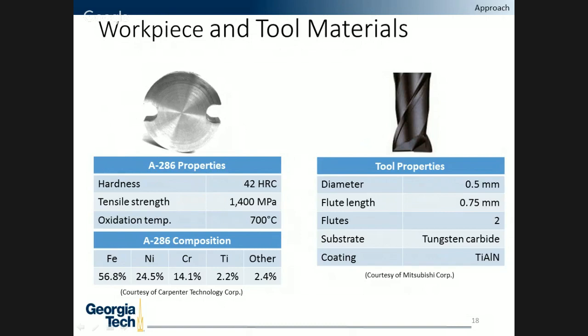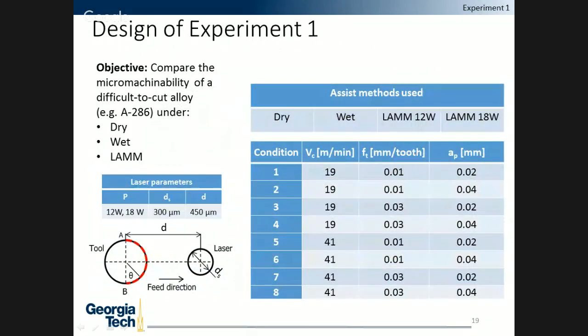So in the next slide, we'll be showing a video of the design of the experiment. And just to restate the objective, it is to compare the micromachinability of a difficult to cut alloy, and for this example, we chose A286 under dry, wet, and LAM cutting conditions. To do so, we did it under dry, wet, and 2 different LAM conditions.